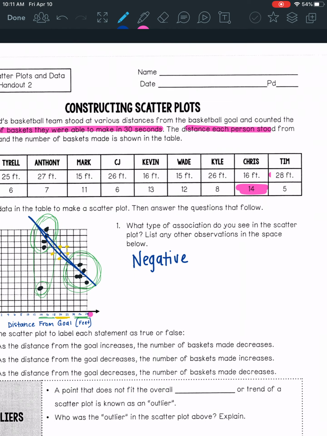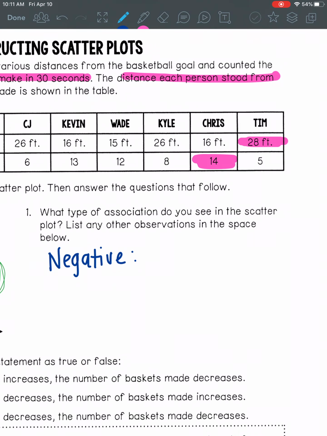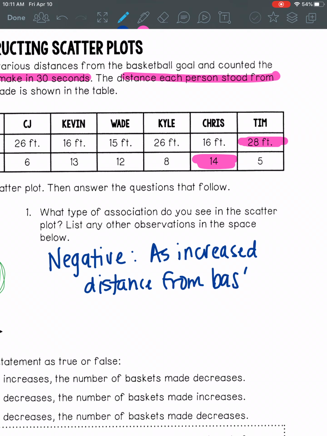So as increased distance from basket, well, obviously it's harder to make the baskets. So the number of baskets made goes down.